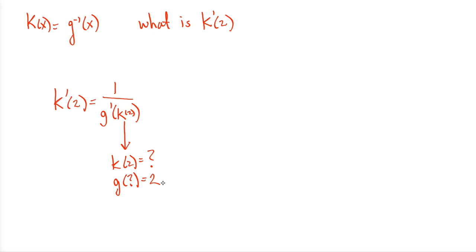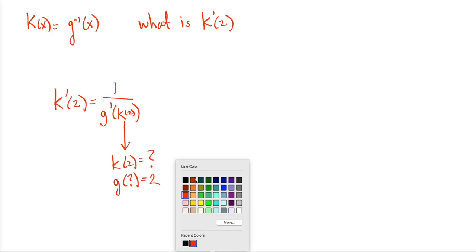And we're being told that k and g are inverse. So if you're looking in the table, you want to look under the column that's g of x, and then find where g of x has an answer of 2. So what is that? I put the table away. X equals 1, okay.